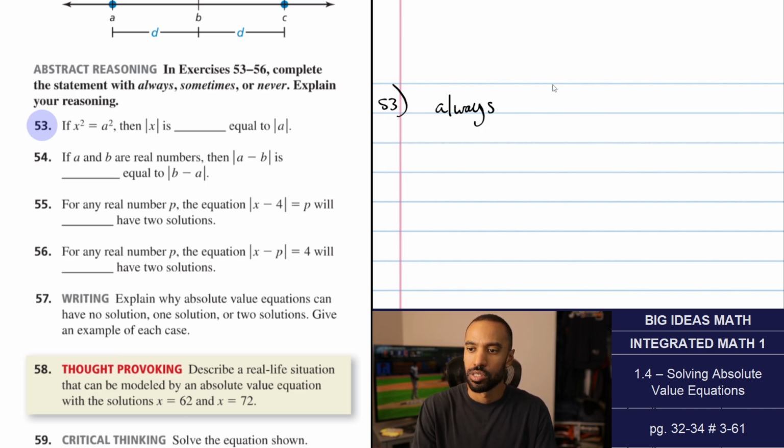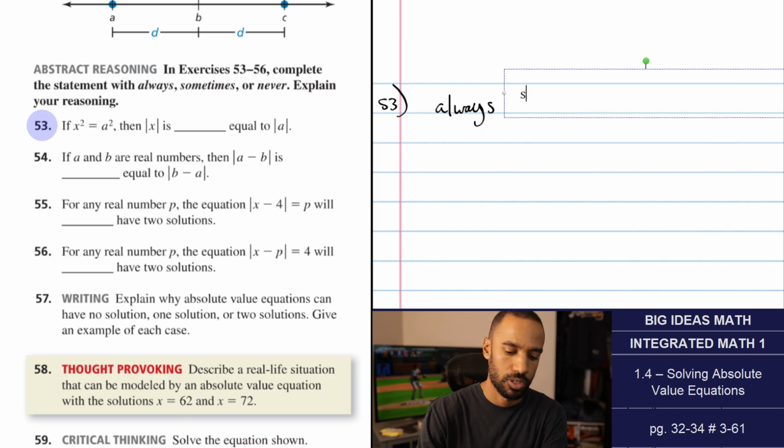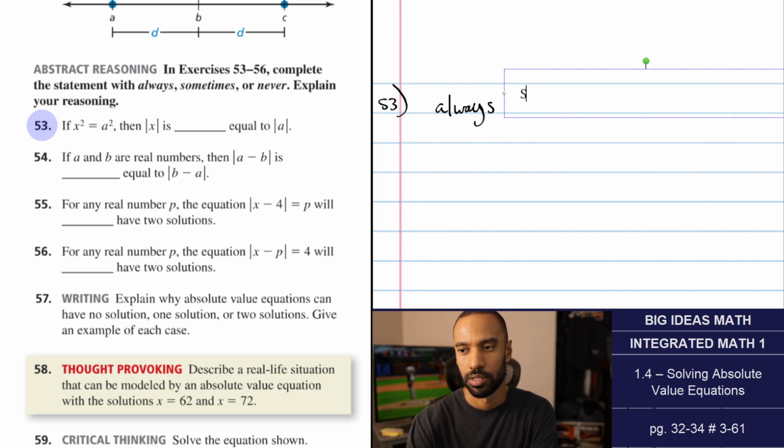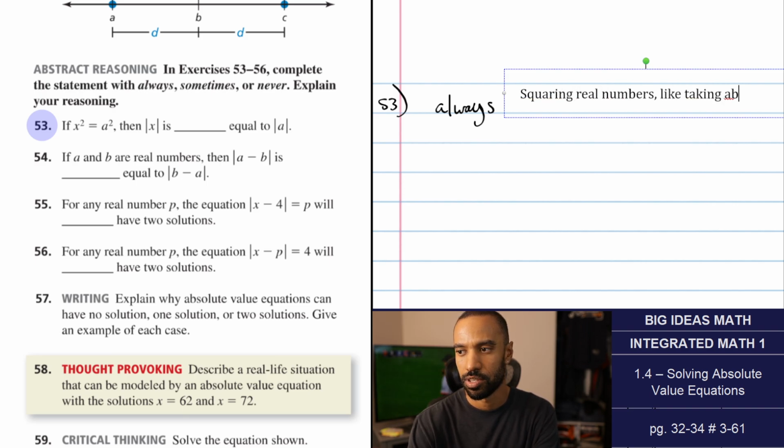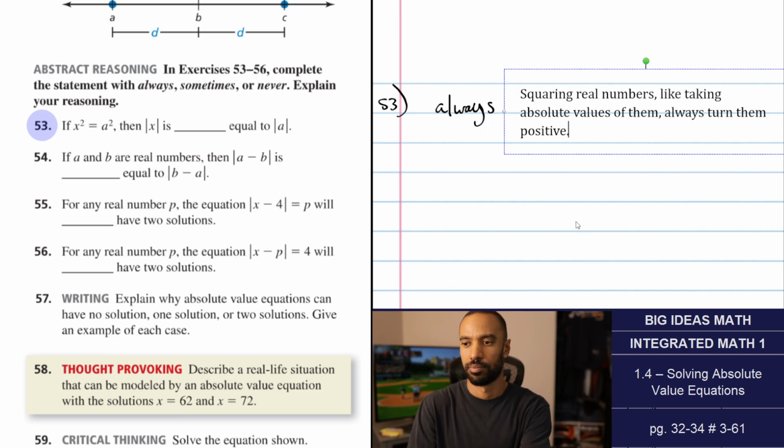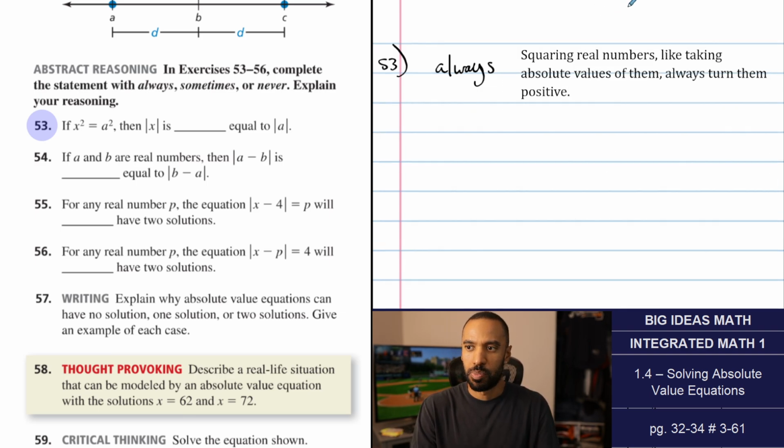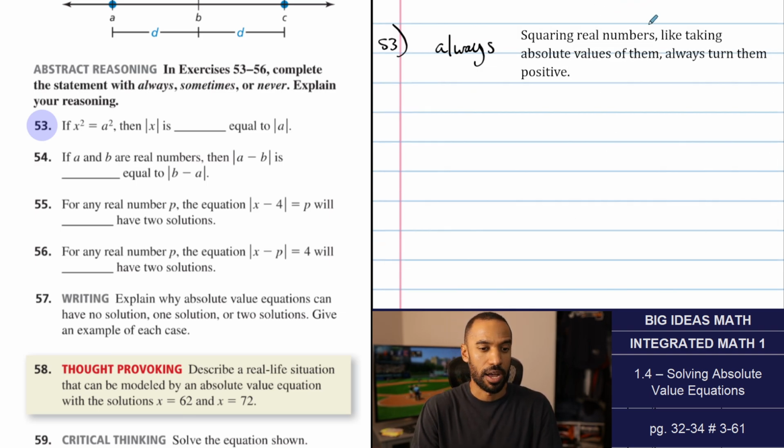Squaring real numbers, like taking absolute values of them, always turns them positive.